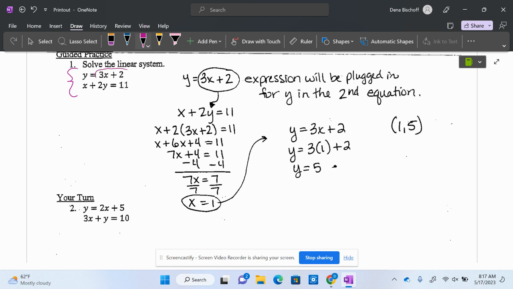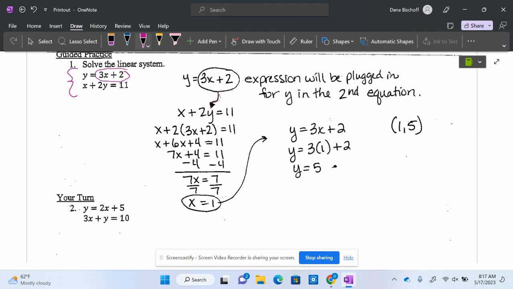So I took this expression, 3x plus 2, right here, the expression, and I plugged it in for y in the second equation. So x plus 2 times the quantity, y is 3x plus 2, equals 11. Then I have to distribute. So x plus 6x plus 4 equals 11. Combine like terms, 1x and 6x is 7x plus 4 equals 11. I subtracted 4 from both sides and divided by 7.